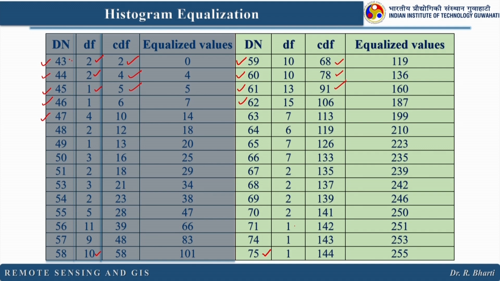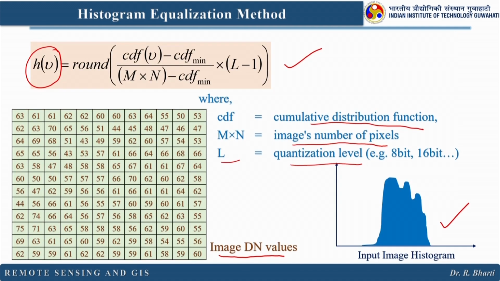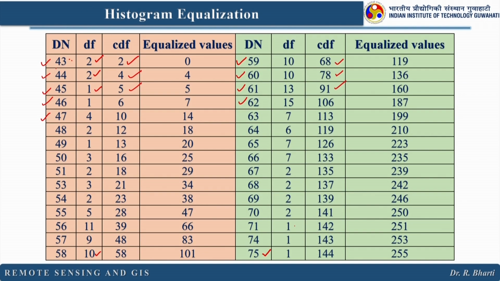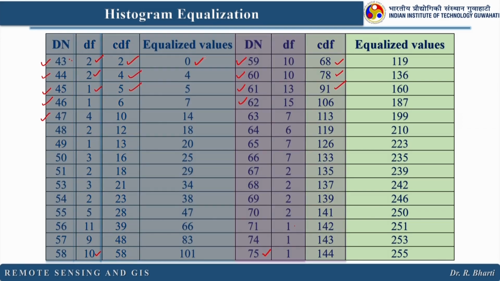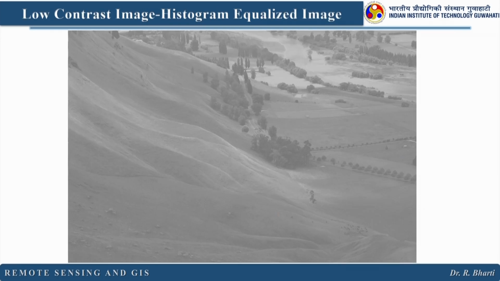Once you have that, you can simply use this formula and calculate your output value. So, this is the equalized value. This is the example of histogram equalization.